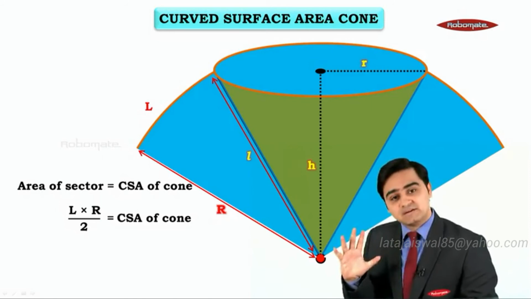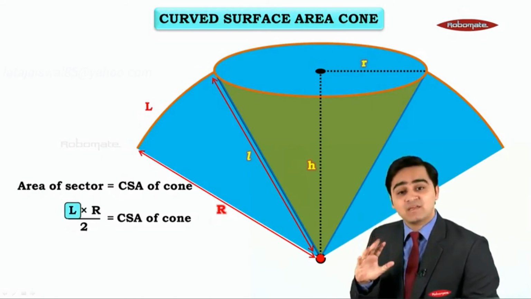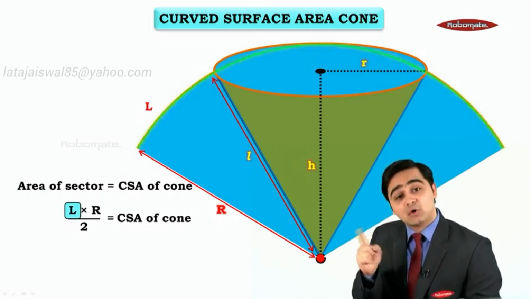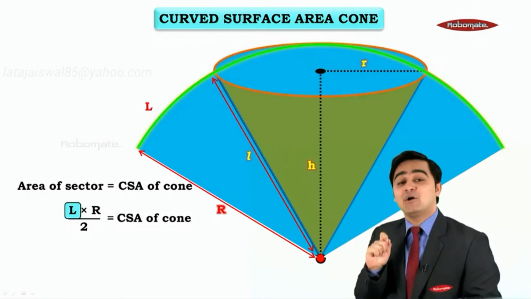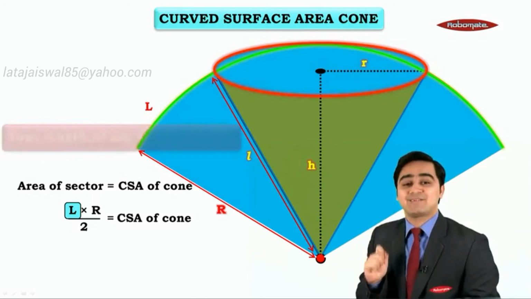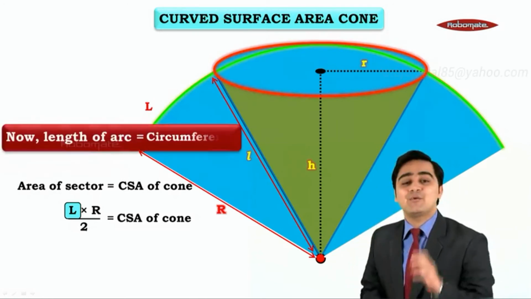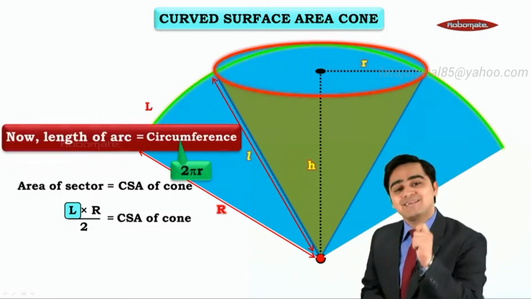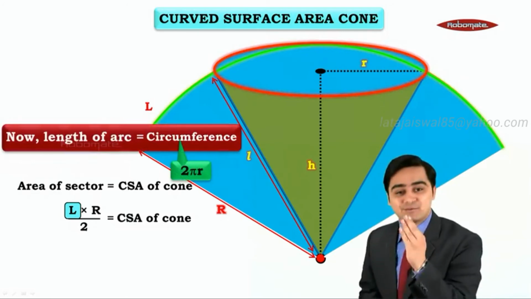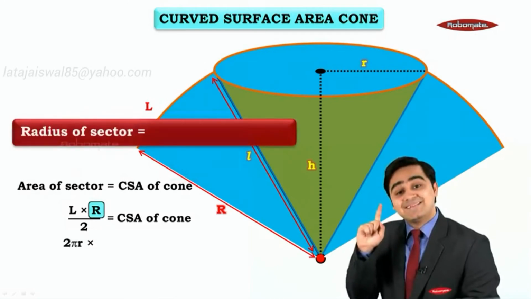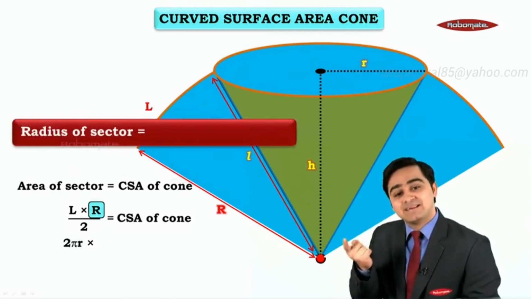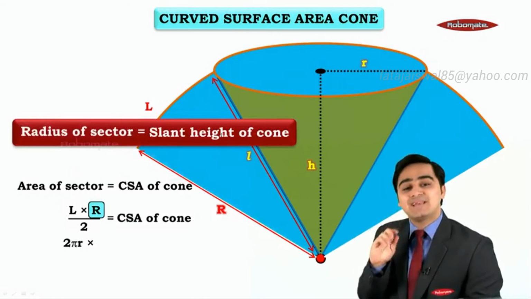Now when we fold the sector to form an open cone, what can we say about the length of the arc of the sector and the circumference of the base of the cone? Yes, we can say that the length of the arc is equal to the circumference, and we know that circumference is 2 pi r. So in place of length of arc, we will replace 2 pi r. Also, the radius of the sector is equal to the slant height of the cone.